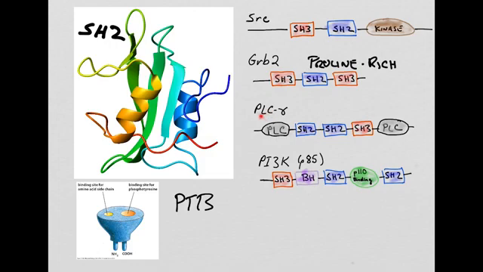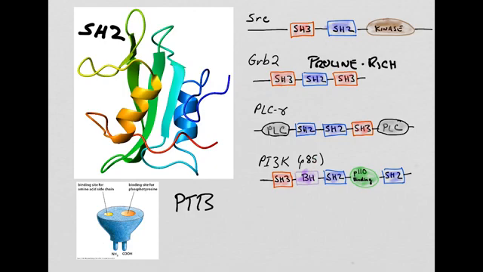So we talked about phospholipase C gamma as being involved in or activated by receptor tyrosine kinases. It has both SH2 and SH3 domains along with the catalytic domain, and then we'll eventually get to the PI3 kinase pathway as one of the two main things that happen when receptor tyrosine kinases get activated.